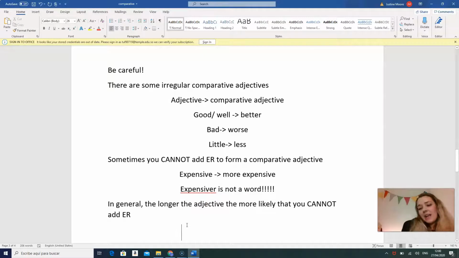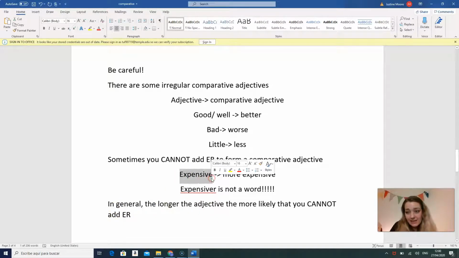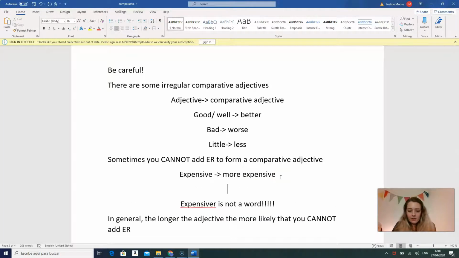Why can we not add ER to expensive? In general, the longer the adjective, so look, expensive is an adjective. It's a pretty long word. The longer the adjective, the more likely you cannot add ER. So let's think of another example. I have another example. The word beautiful.